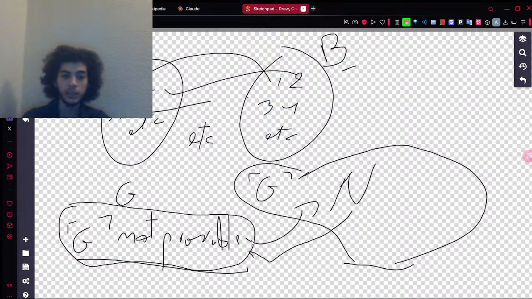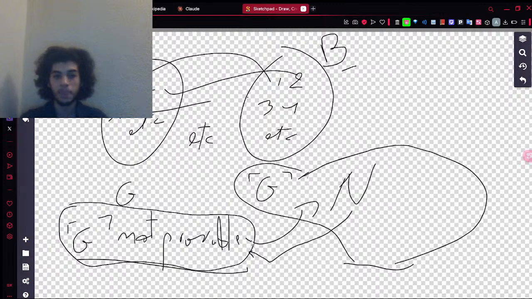Because its definition is true. We can prove the definition is true because G bracket, we just proved, is not provable, because it being not provable is the only option. The only other option is it being provable, and that is impossible, because if it were provable then it would have to be provable and not provable at the same time.